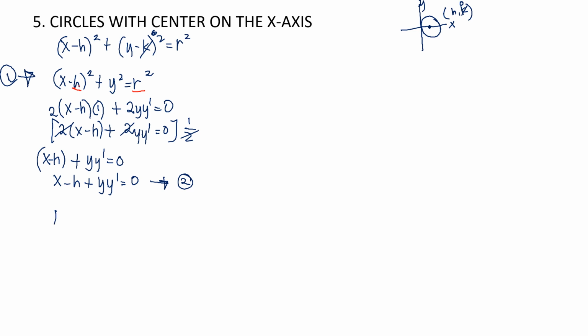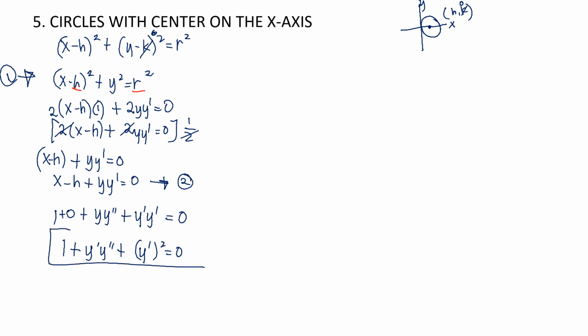And then our h is 0, plus product rule y double prime plus y prime is equals to 0. So therefore this is 1 plus y prime plus y prime squared is equals to 0, our answer. Or our general solution.